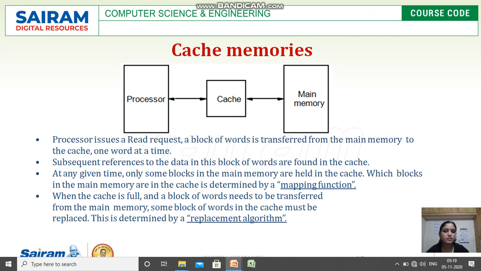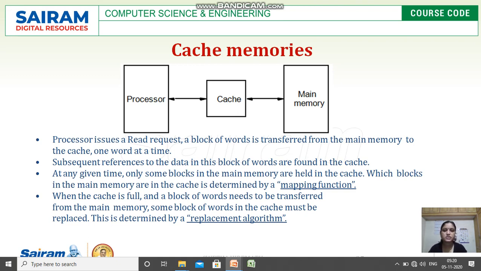Subsequent references to the data in this block of words are found in the cache. At any given time, only some blocks in the main memory are held in the cache. Which blocks are in the cache is determined by a mapping function. When the cache is full and a block of words needs to be transferred from the main memory, some block of words in the cache must be replaced. This is done by the replacement algorithm.